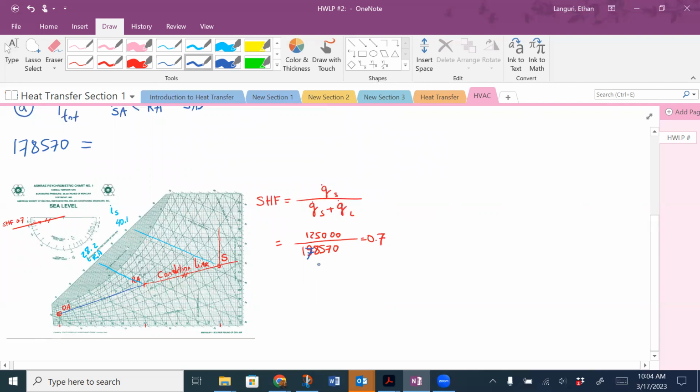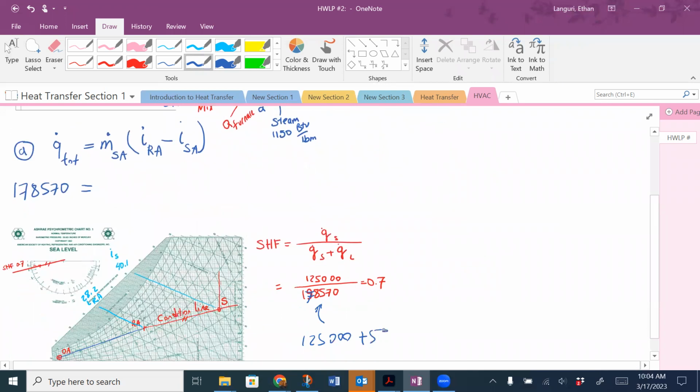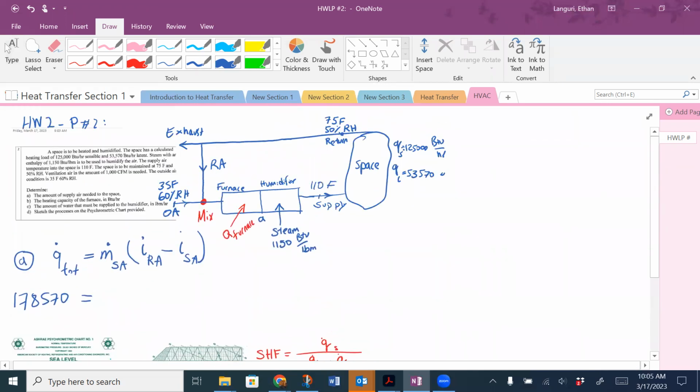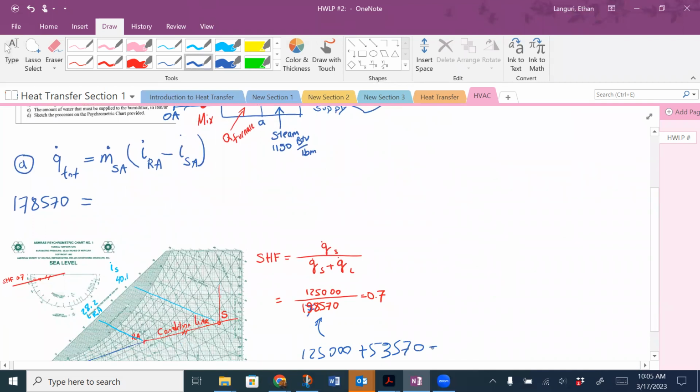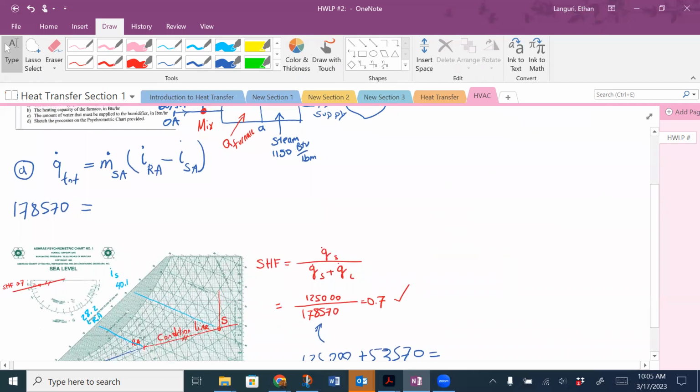Again, 178 comes from 125,000 BTU per hour of sensible plus 53,570, I believe. Yes, that is 178. So let me fix it completely. There you go. Still, this 0.7 is correct because I was following my notes.